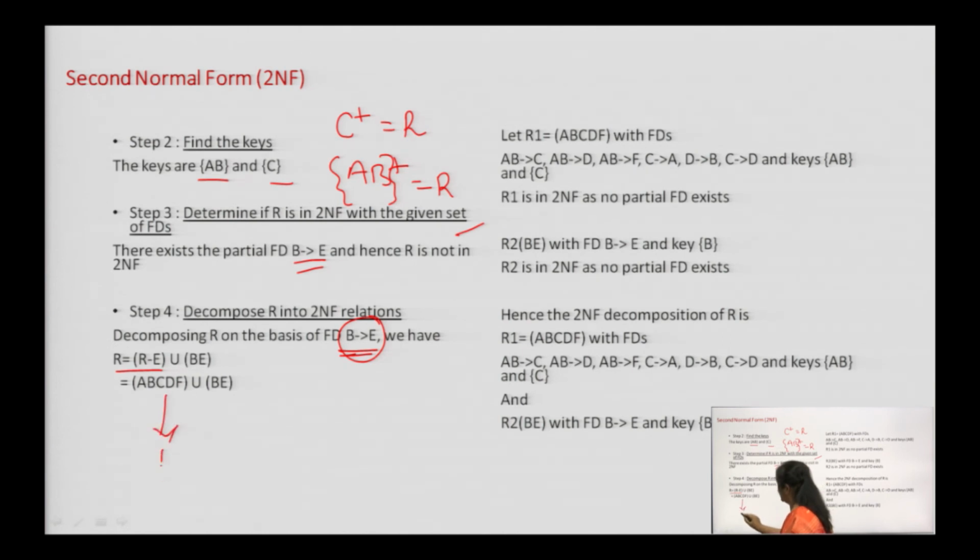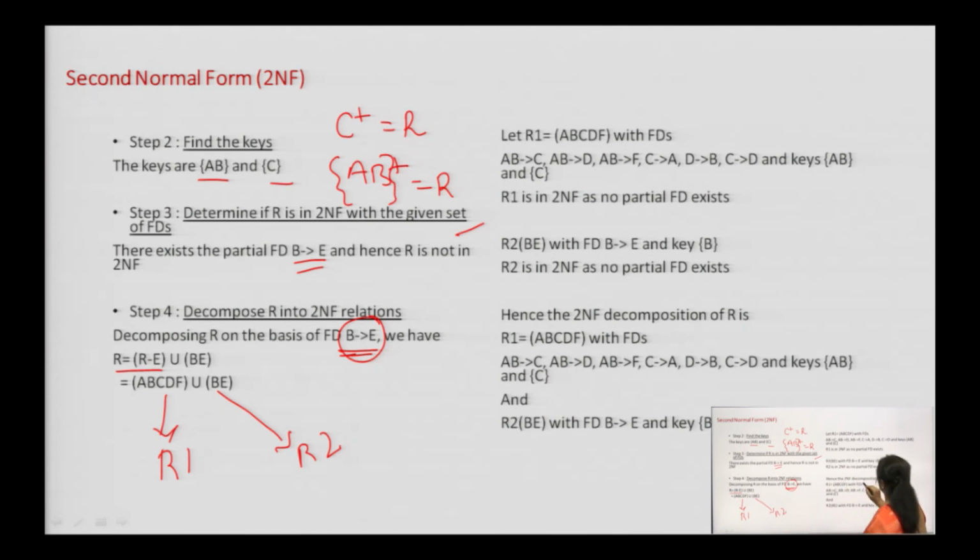Now, if I call this R1 and this R2, let us see here. R1 is A B C D F with A B to C, A B to D, A B to F, C to A, D to B and C to D from the given set of functional dependencies.